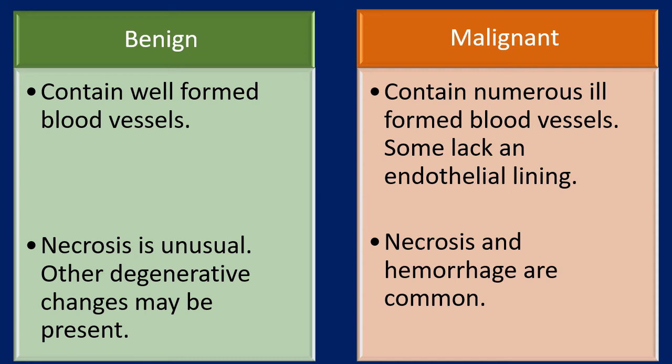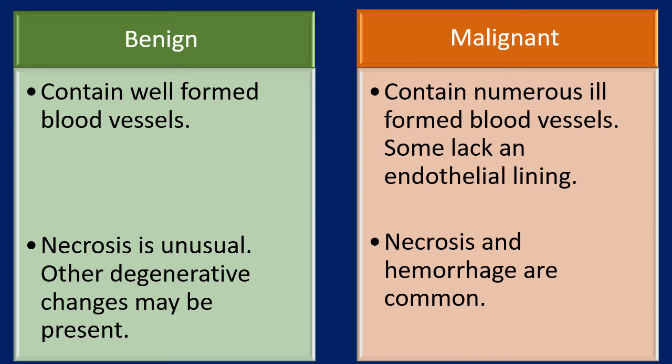In benign tumor, necrosis and degenerative changes are unusual because it grows slowly and has blood supply sufficient to maintain it. But malignant tumor grows rapidly and exceeds the capacity of the blood supply. So there is necrosis and hemorrhage in the malignant tumor.